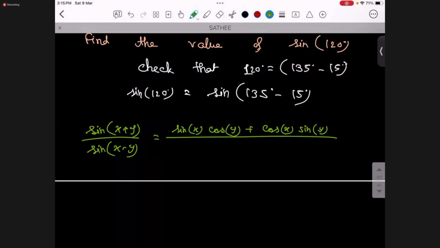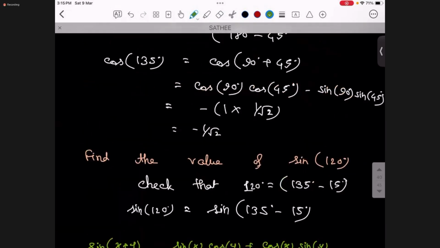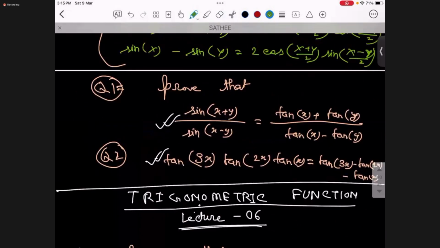And what will be the lower section? Sin x cos y minus cos x sin y. Okay.